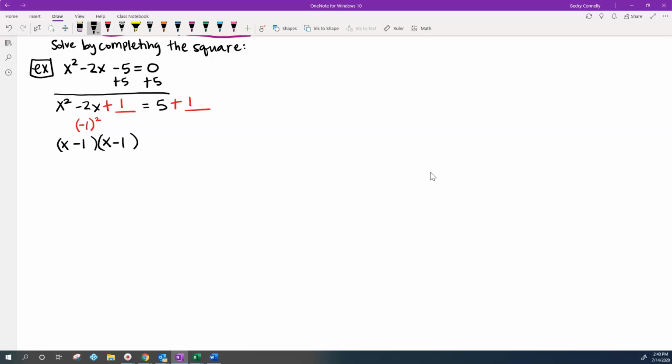And notice that half of our middle term is that number, that negative 1, and that's always going to be the case. So really we can write that as x minus 1 quantity squared, that whole thing squared equals 6. Okay, then what do we do from here?